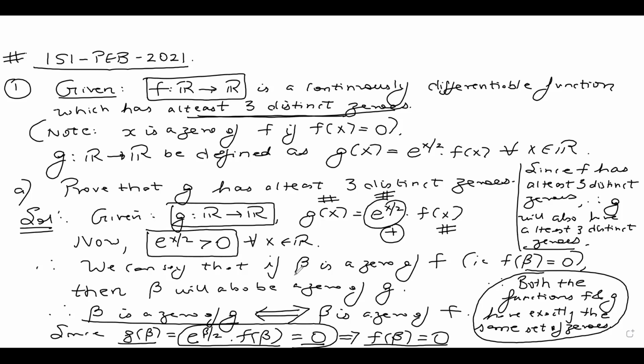So beta is a 0 of g if and only if beta is also a 0 of f, because g of beta equal to 0 implies e to the power beta by 2 times f of beta is equal to 0, which implies f of beta is equal to 0, since e to the power beta by 2 is always positive. So if beta is a 0 of g, then beta must be a 0 of f also. Since in the question we were given that f has 3 distinct zeros, therefore g will also have at least 3 distinct zeros. Okay, so we have shown part A.